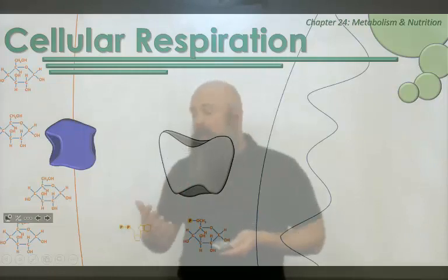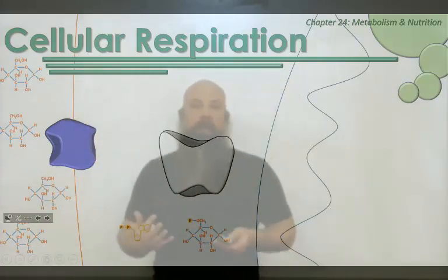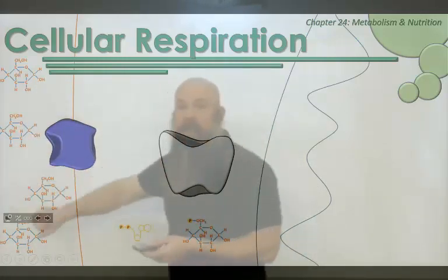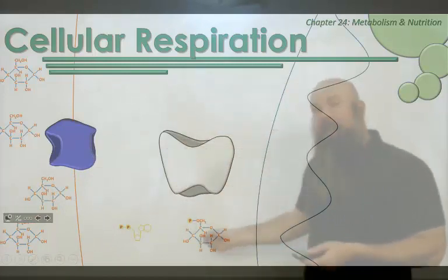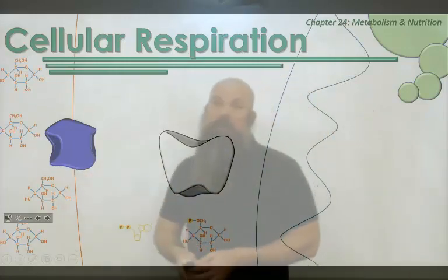The other thing it does is, since glucose 6-phosphate isn't glucose, we maintain the concentration gradient where there's more glucose outside the cell and less glucose inside the cell, because that's not glucose, it's glucose 6-phosphate. And we're maintaining that concentration gradient.